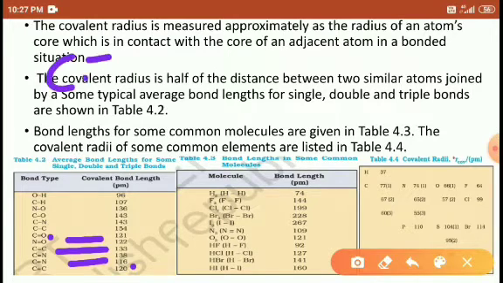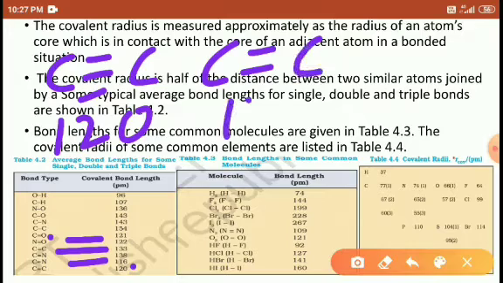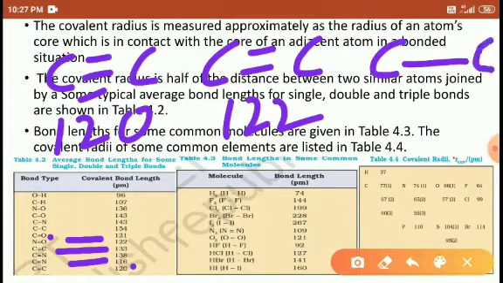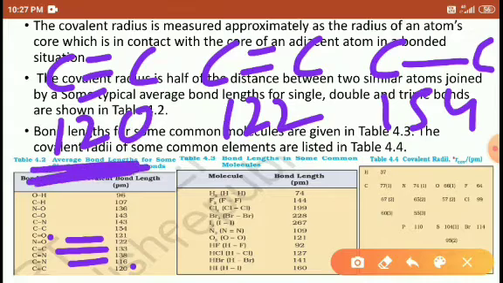So the carbon triple bond is 120 picometers, the carbon double bond is 122 picometers, and the carbon single bond is 154 picometers.